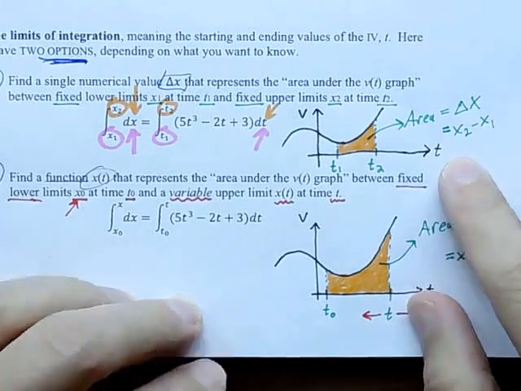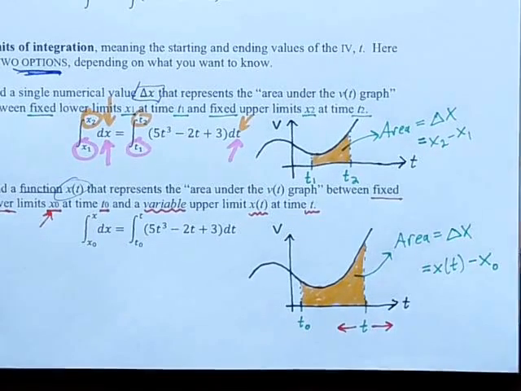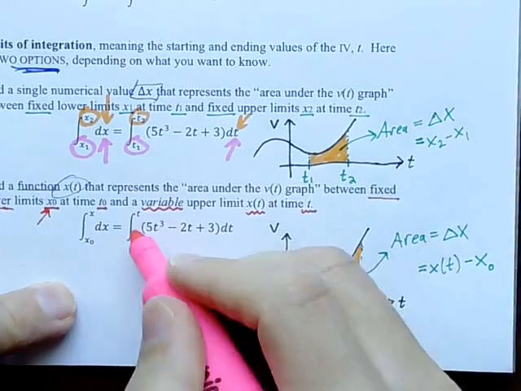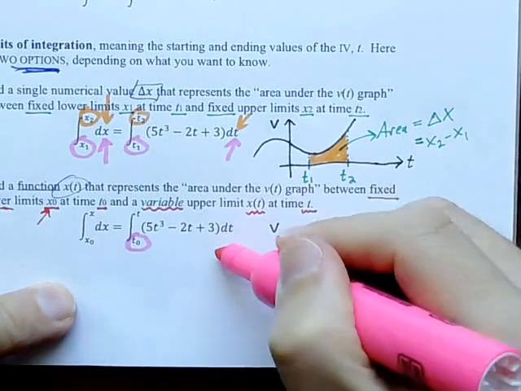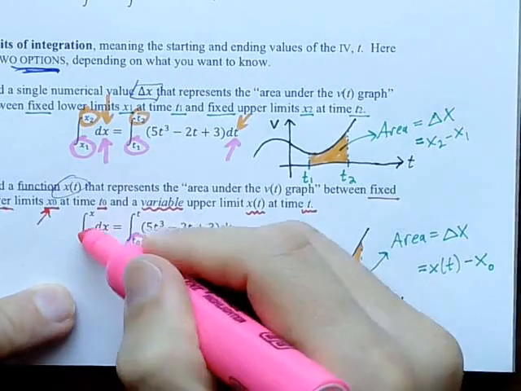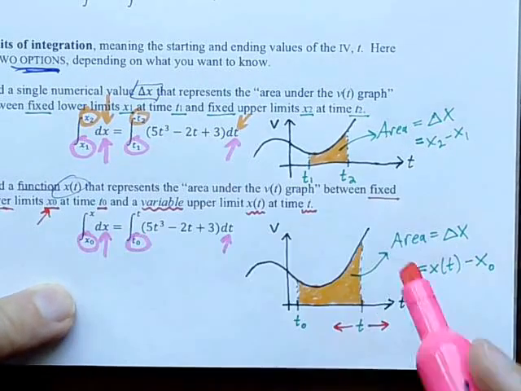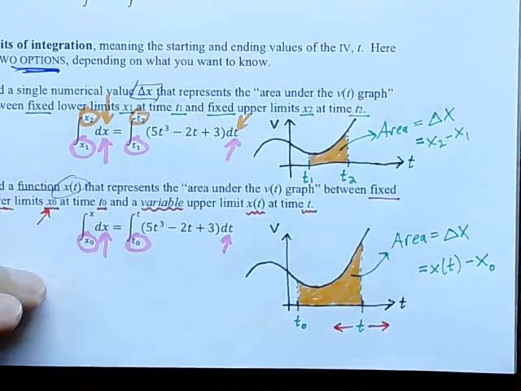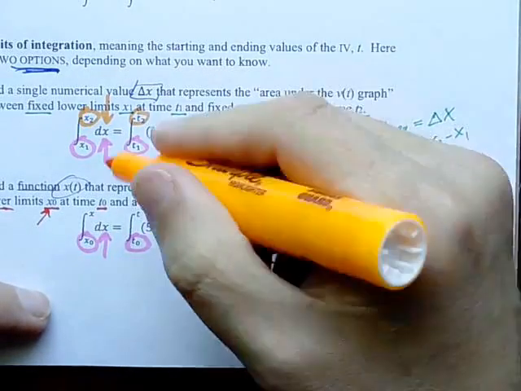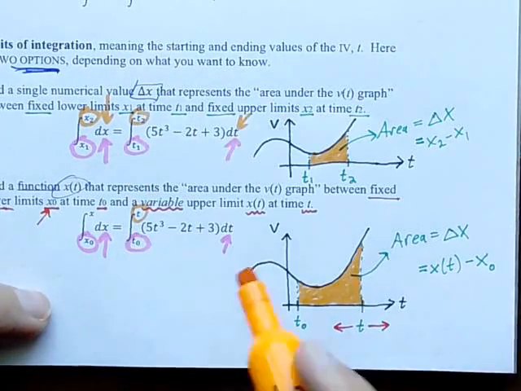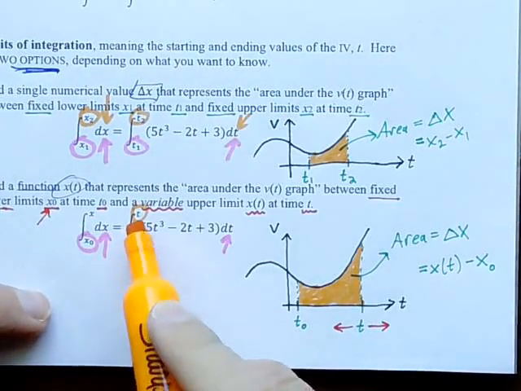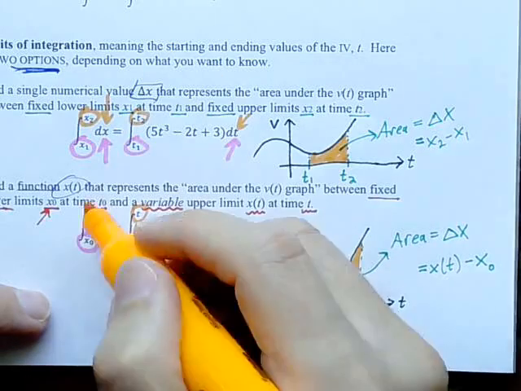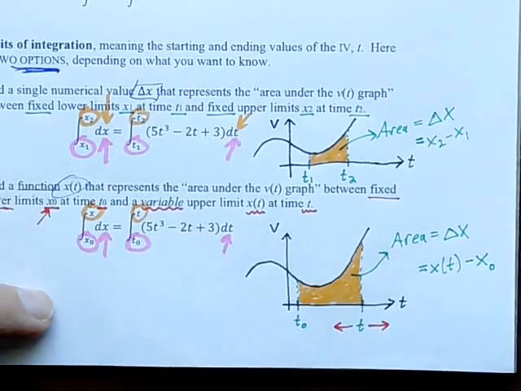So here in our limits, what we've done is set t naught as the initial value for t and x naught as the initial value for x. That's our fixed lower limit. But then for our upper limit, we're just saying t here, some variable future time t, and then over here we'll have some variable future position x.